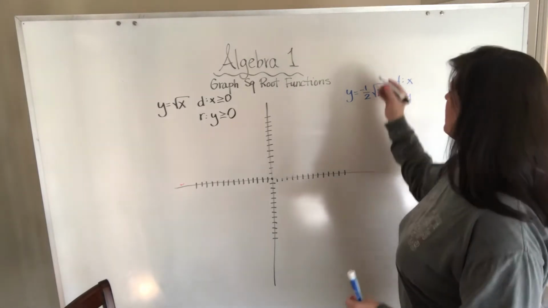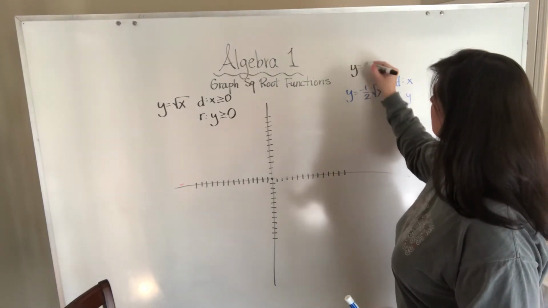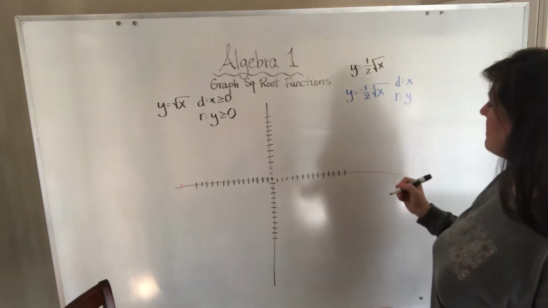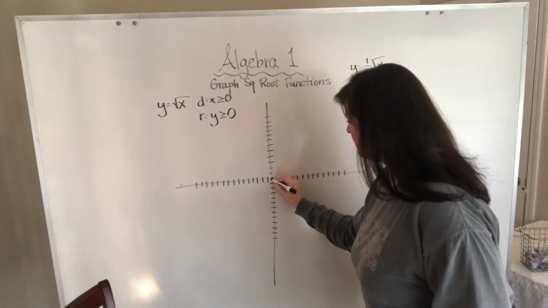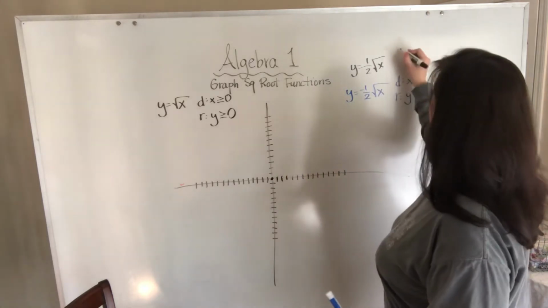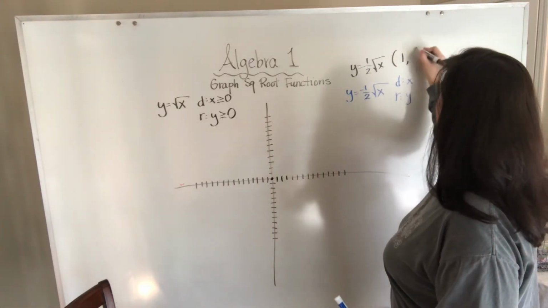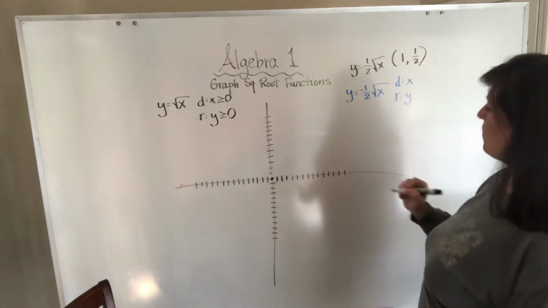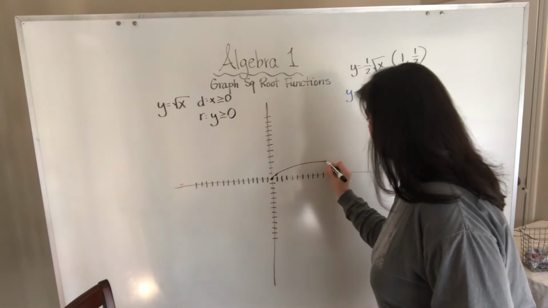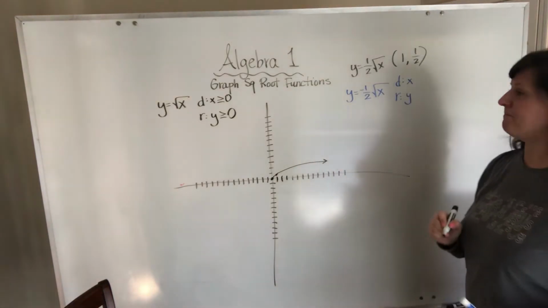So if my parent function is 1/2 the square root of x, all right, then here it was at 0, 0. My parent function is at 1, 1/2, okay? So my initial graph kind of looks a little skinnier like that.